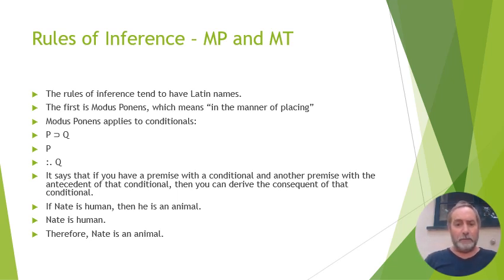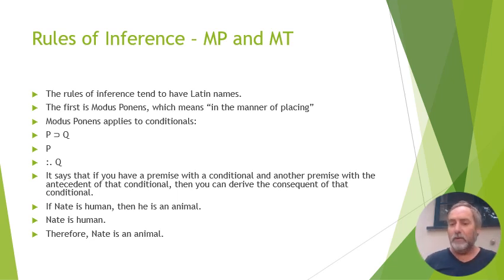So if we've got a conditional, here P then Q, and on another line another one of our premises has just P on its own, the antecedent of the conditional, we can validly conclude Q, the consequent of the conditional. We can put that on a third line. So again, if you have a premise with a conditional and another premise that has the antecedent on its own, you can derive the consequent on its own.